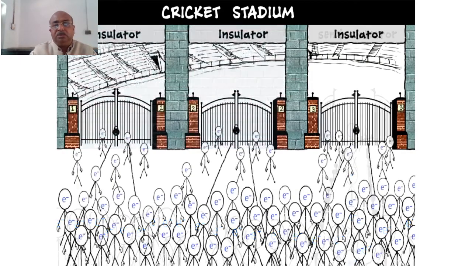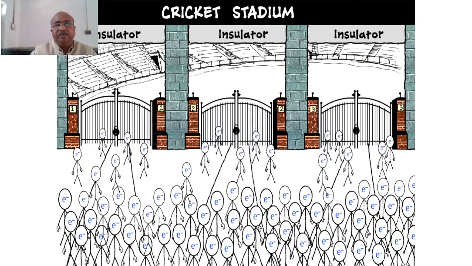And what about insulators? All the gates are closed. There is no way the electrons can travel inside the conductor. So no electron is allowed to travel. They are inside the material, but they can't carry current.